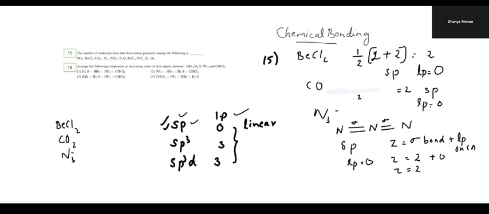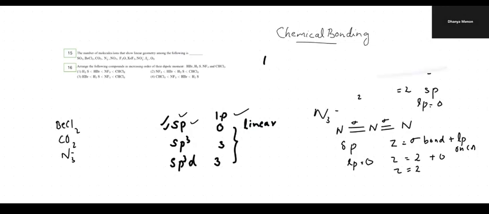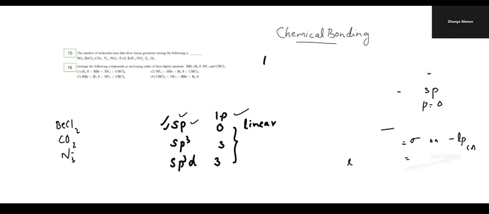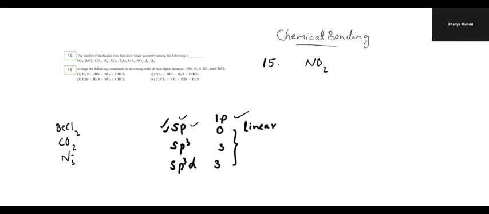Okay, now coming to the next one. When you practice all these molecules, it's just memorized, so you can just quickly circle the correct answers. Okay, so here NO2, nitrogen dioxide, you can find out like this.